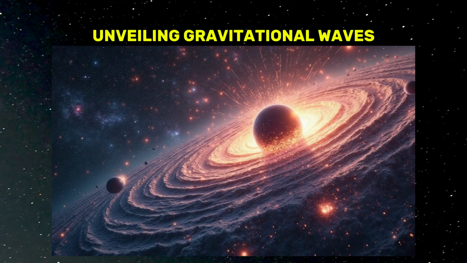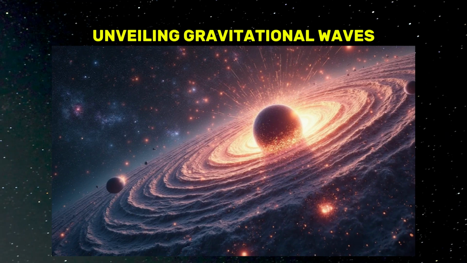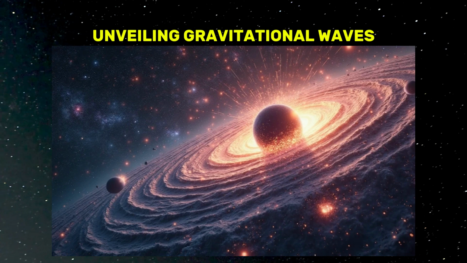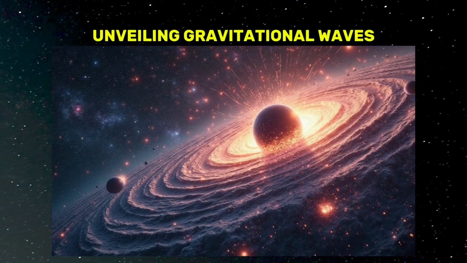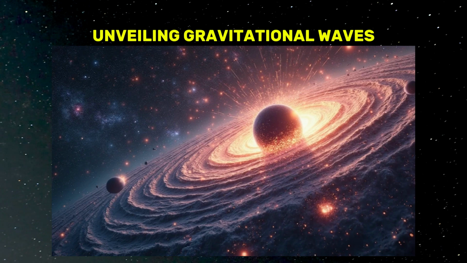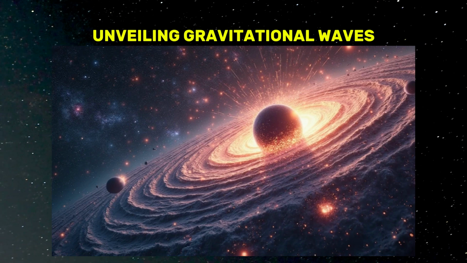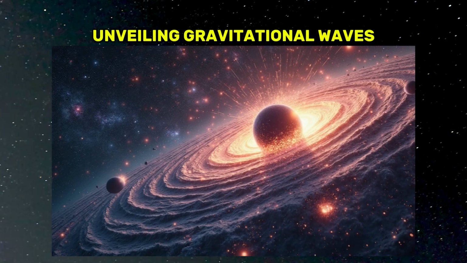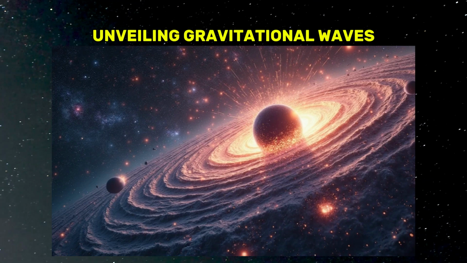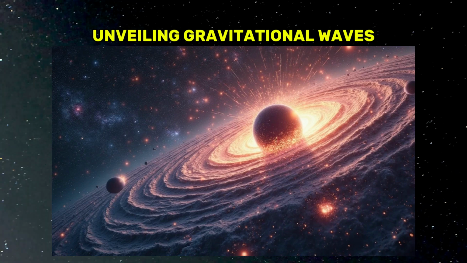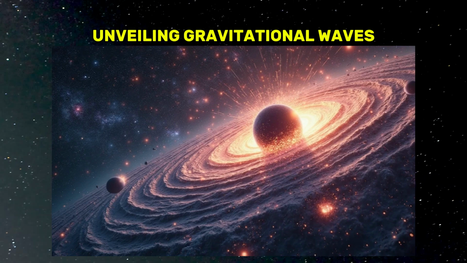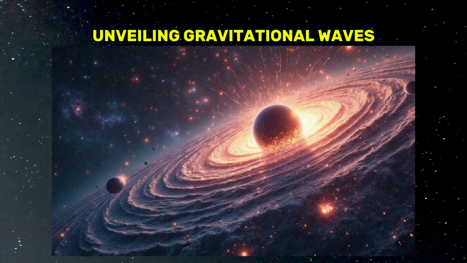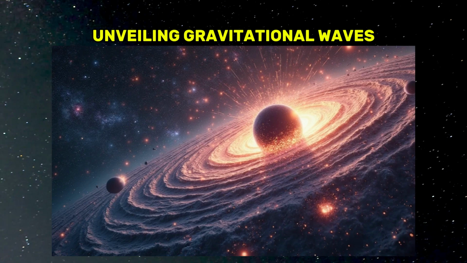Even with our most advanced technology, detecting gravitational waves is an extraordinary challenge. Only violent astrophysical events, such as the fusion of two massive black holes or the union of neutron stars, produce waves strong enough to be identified. Einstein suspected these waves would be so faint that we might never perceive them, and for nearly a century, they remained hidden from our grasp.